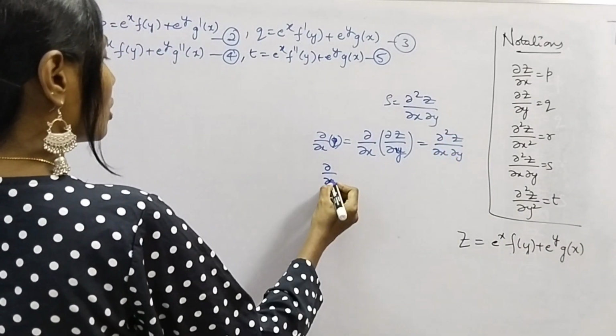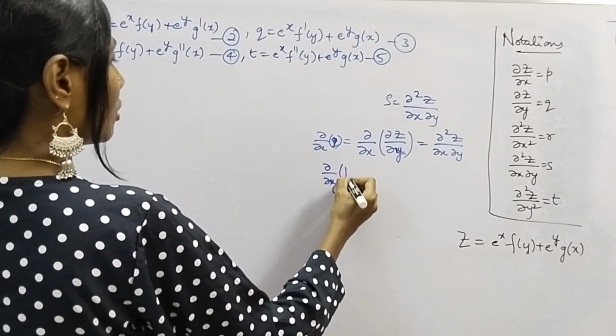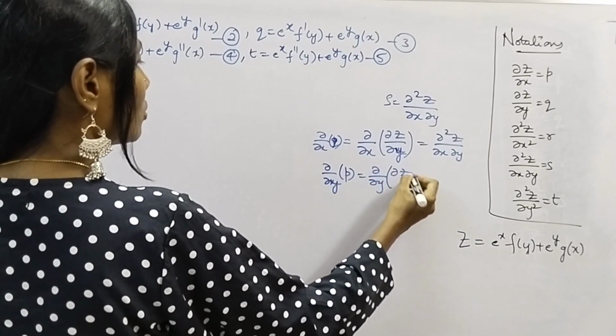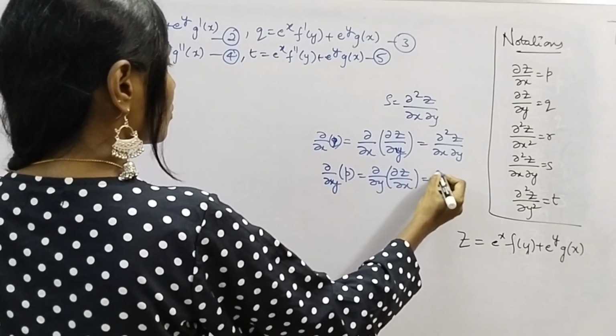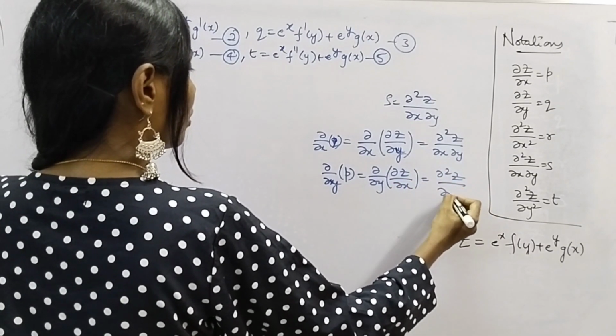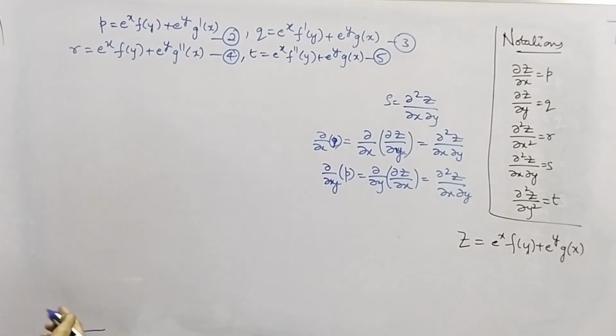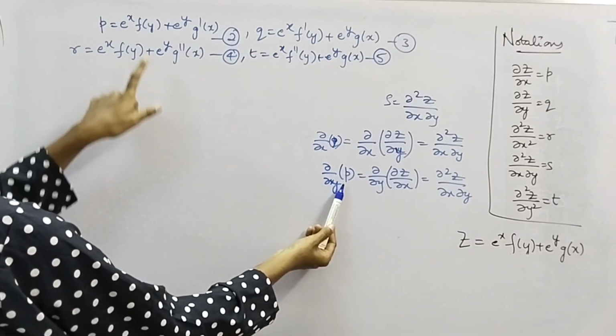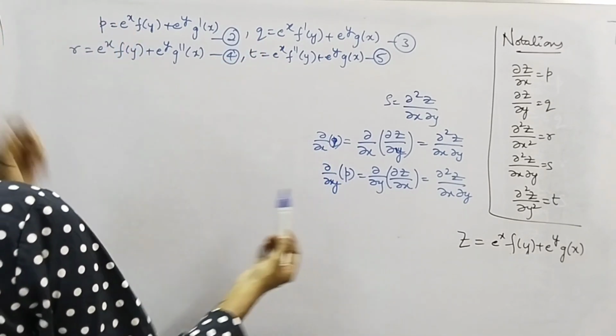Or you can partially differentiate p with respect to y. p is nothing but ∂z/∂x, right? This gives us ∂²z/∂x∂y. Either you can partially differentiate q with respect to x, or you can differentiate p with respect to y.